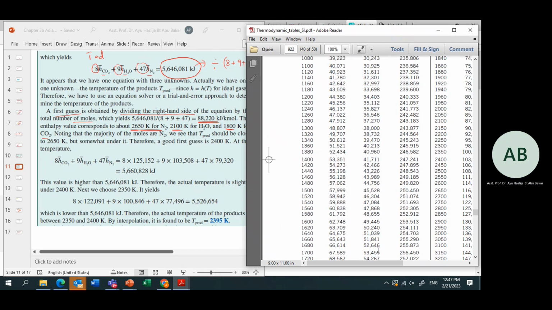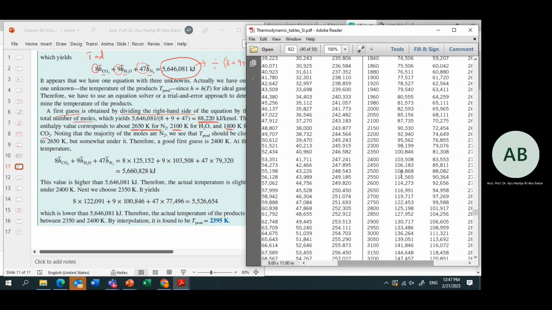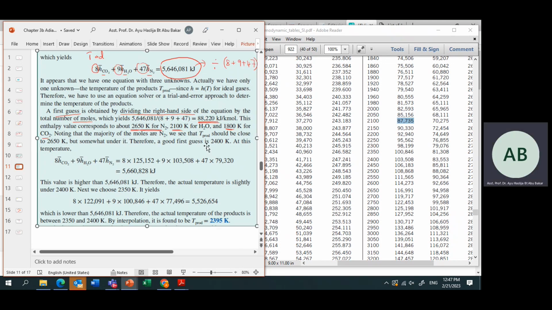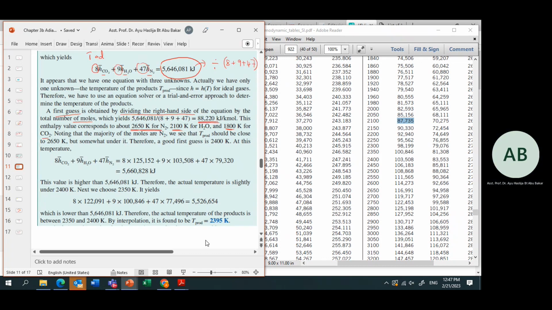Around this figure. Okay, in this alternative method, instead of finding the T adiabatic in the initial state, you find this enthalpy in each of the tables for the components.